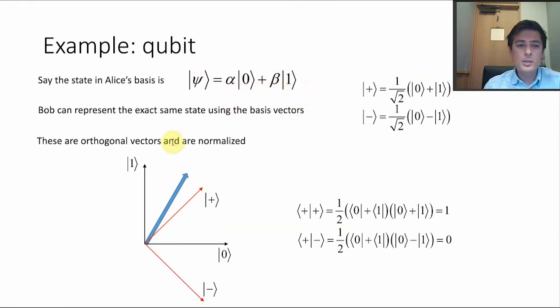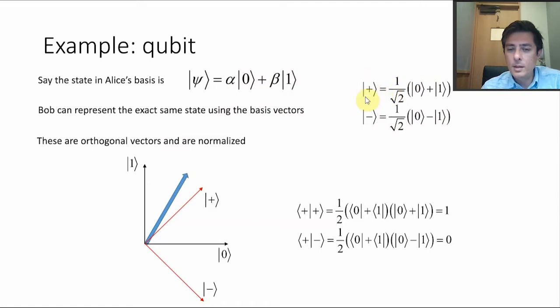But first, let's just check that these vectors that Bob chose are actually orthogonal, because we want them to be orthogonal. These were orthogonal, the 0 and 1, you know, the inner product is 0. And we also want them to be normalized properly. So for example, let's just check firstly that this one is normalized.